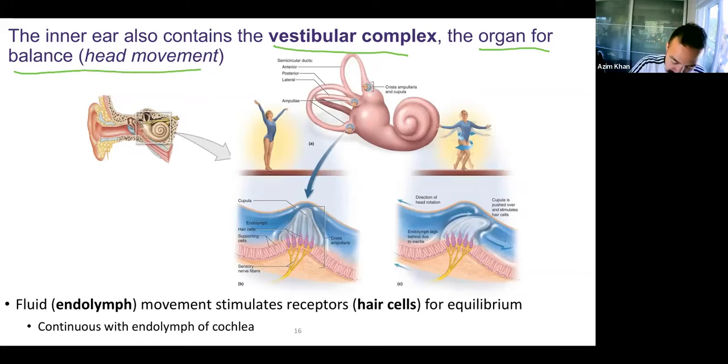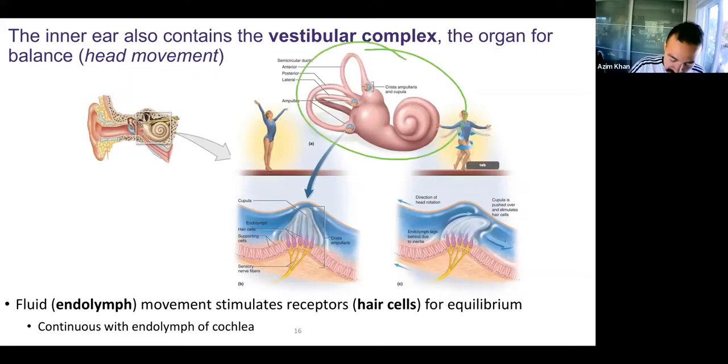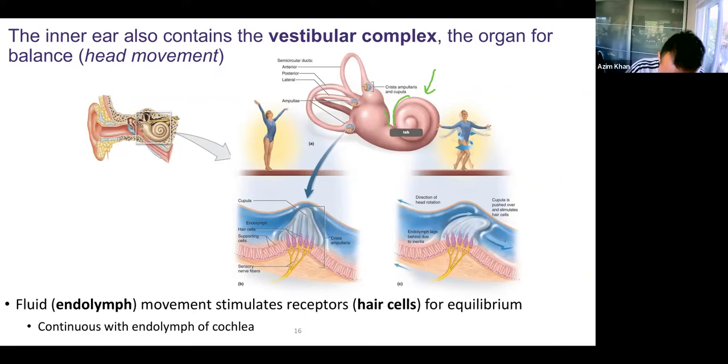Take a look at this drawing of it right here. This is the cochlea, roughly this part, while the vestibular complex includes a bulge here, and then 3 loops. 2 bulges, 3 loops.